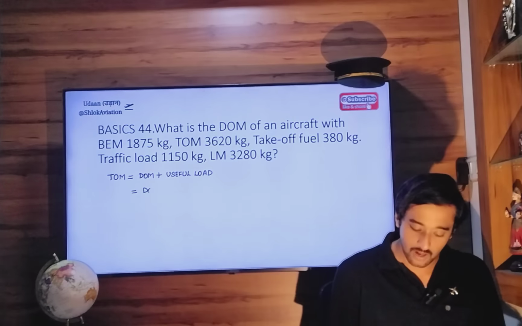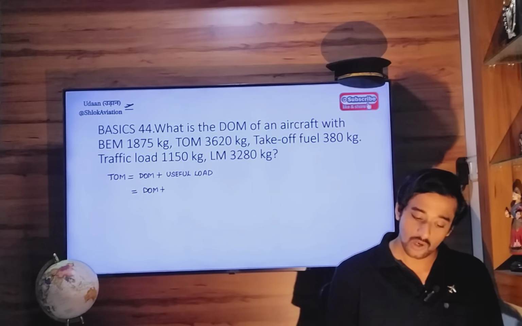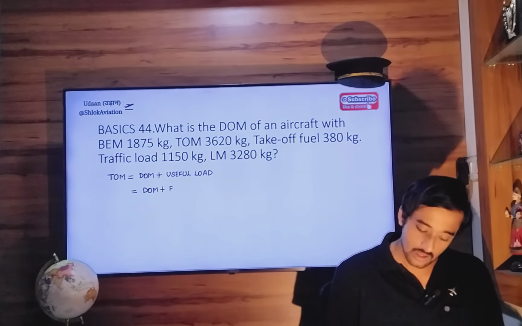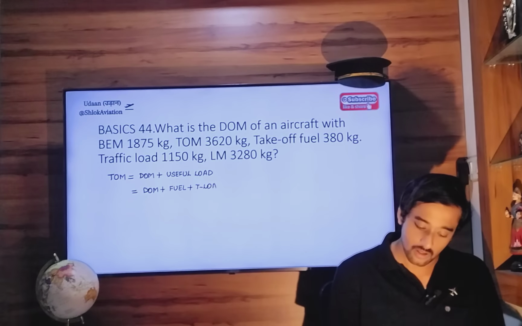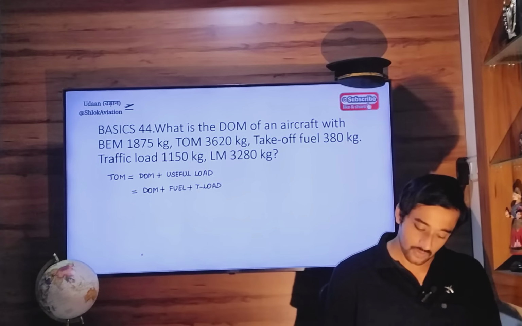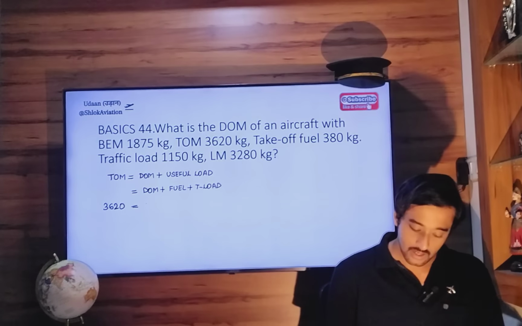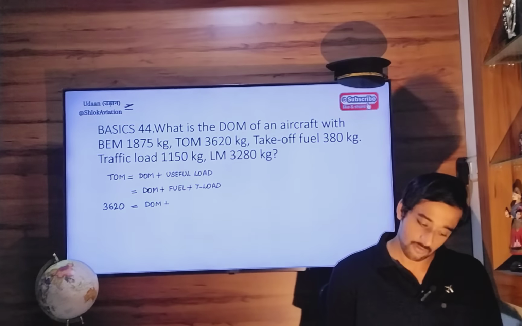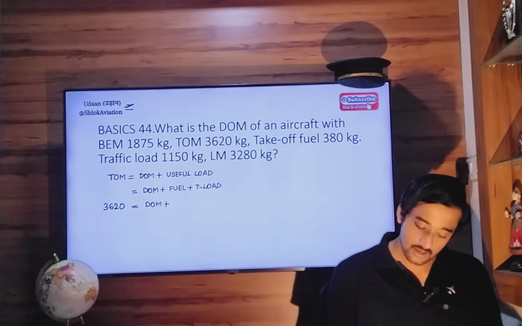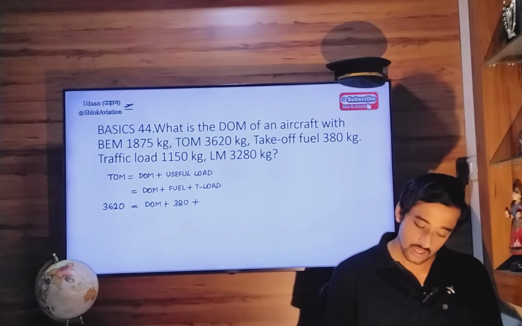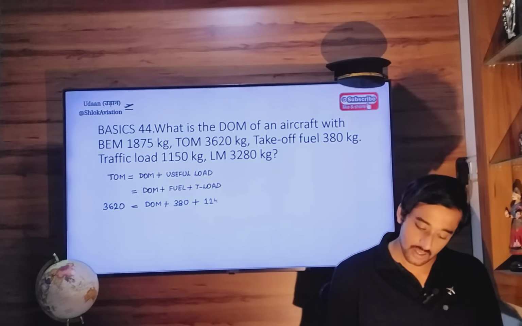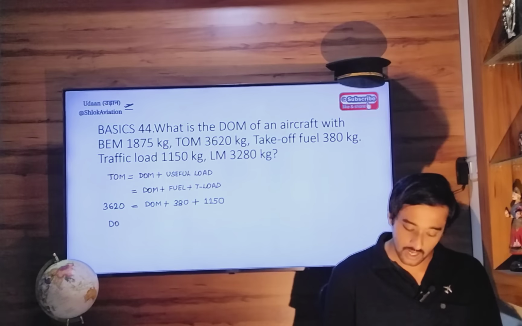So dry operating mass plus useful load is nothing but fuel and traffic load, right? So takeoff mass is 3,620. Dry operating mass as it is, fuel 380 and traffic load 1,150.